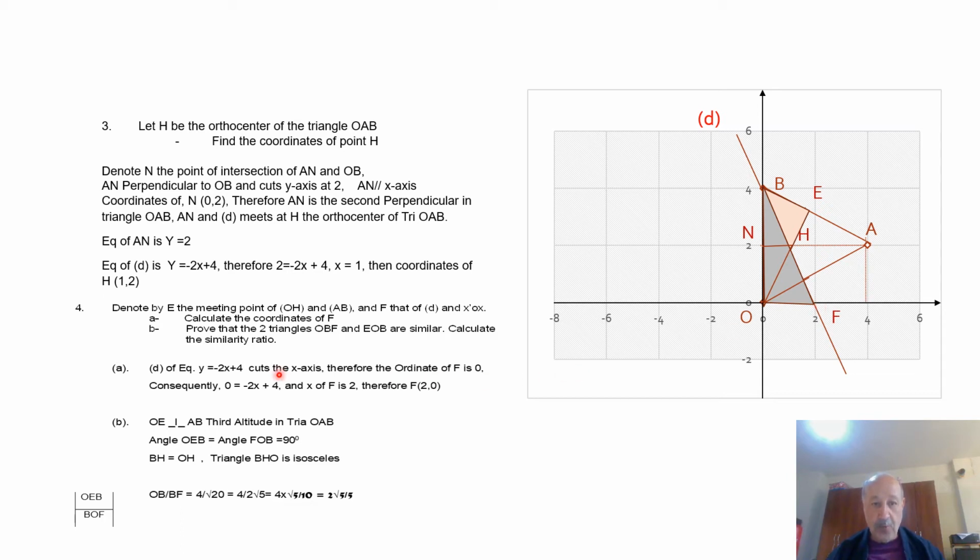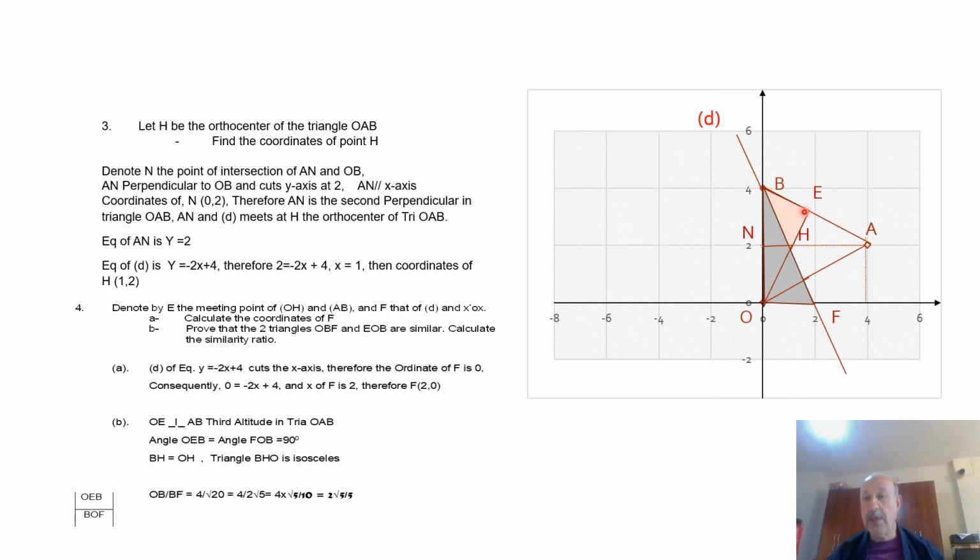So now prove that the two triangles OBE and FOB are similar, and then calculate the similarity ratio. In order to prove two triangles are similar, it's enough to prove that two angles in one triangle are equal to two angles in the other. So let's find the angles.